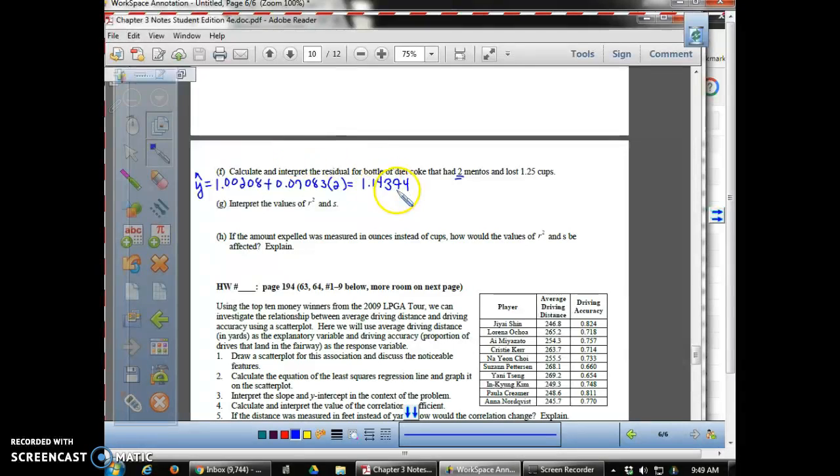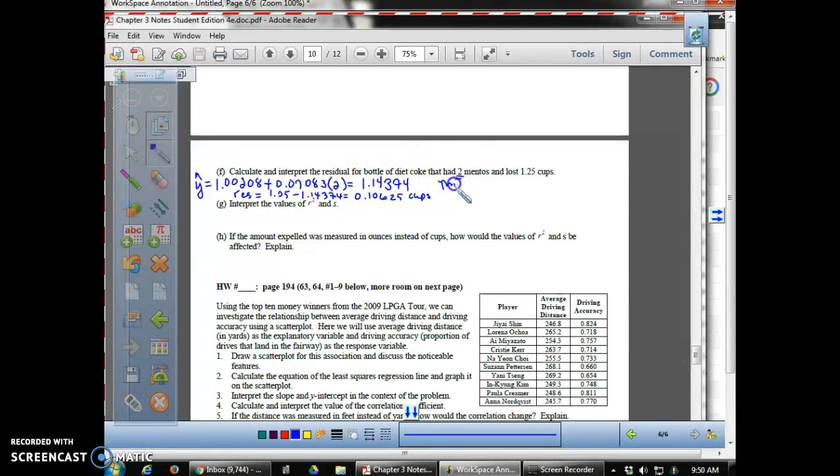And so the residual here is going to be the observed, which is 1.25, minus the predicted 1.14374, and that's going to give us 0.10625. And that is going to be in cups, because you're predicting the amount of soda expelled in cups. Okay, so now we're supposed to interpret it as well.